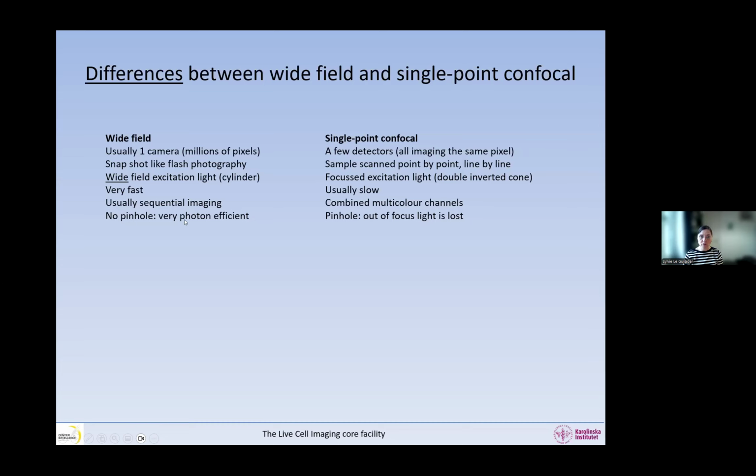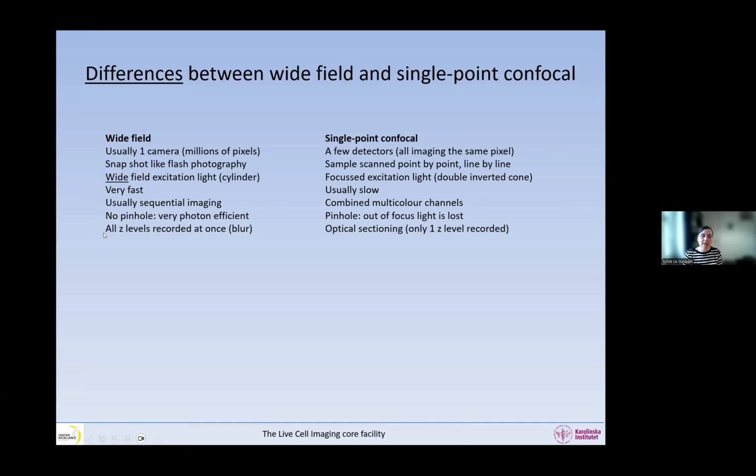Every single photon that is emitted by the sample is going to reach the camera. On the single point confocal, we have a pinhole, and we throw away a lot of light. We throw away everything that comes from the out of focus light. We only keep what is in focus.